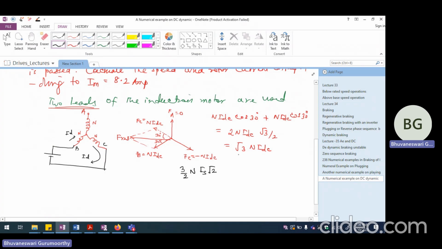So if I want an MMF which has a strength of root 3 times NIDC, I should be pumping in a per phase current of IS in every phase so that it ultimately results in a similar strength MMF or magnetic field. So from here, I should be able to calculate the AC equivalent current, which is the per phase RMS current.